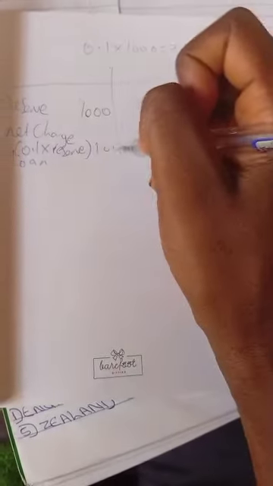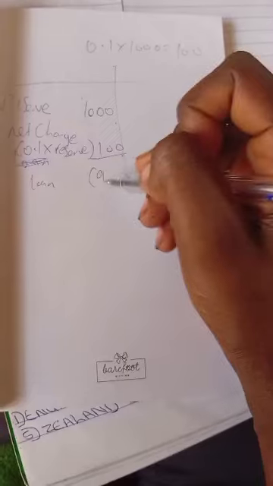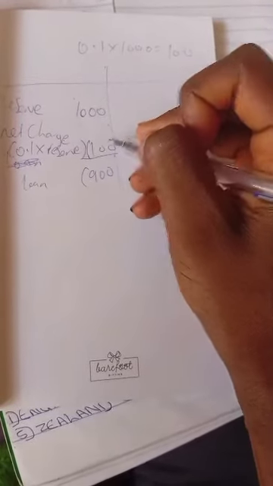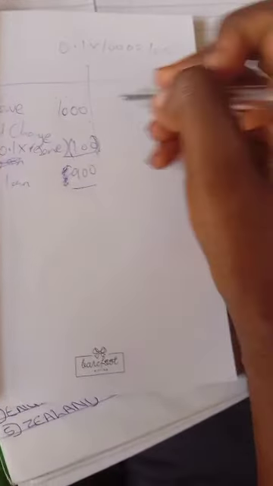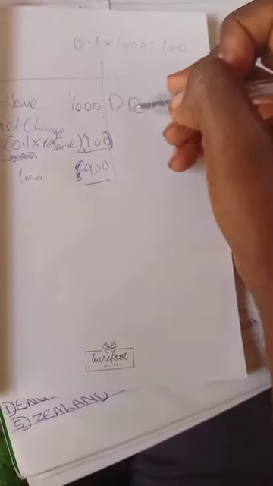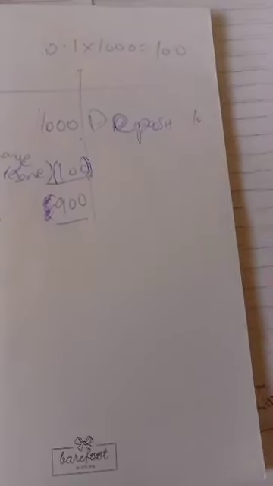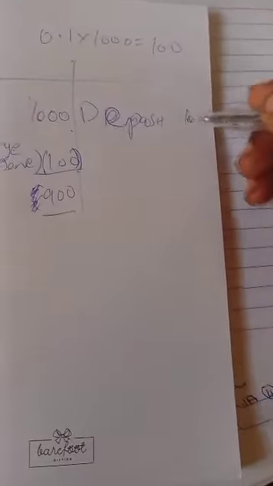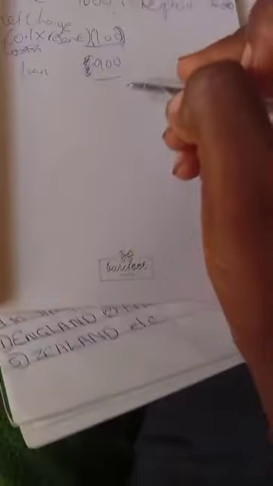So if we put 100, we are going to subtract both of them to get this side. If we subtract, we'll get 900. And the demand deposit usually rhymes with what? The reserve. So it's 1,000. They'll come to the second part, we'll do the same thing.